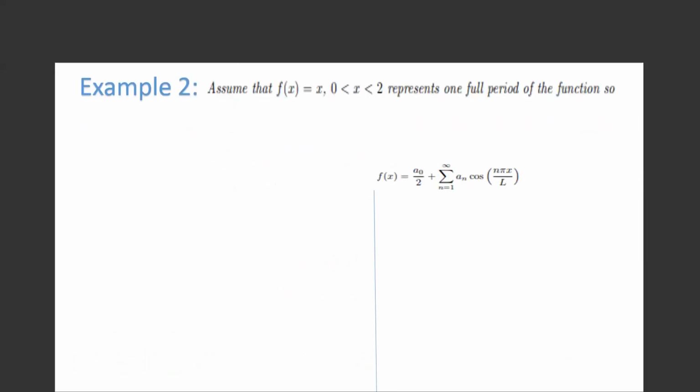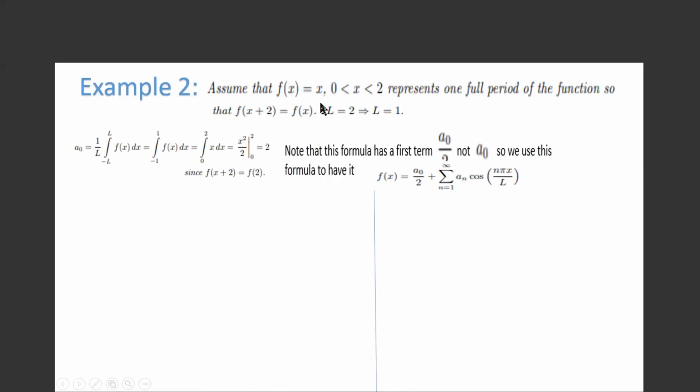Example number 2. Again, this is my function, f of x equal to 2 from 0 to 2. And he's telling me now f of x plus 2 equal to x. So he's telling me the period is 2. And my function is an odd function.